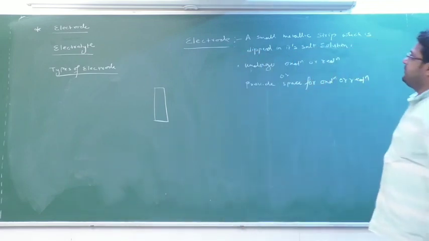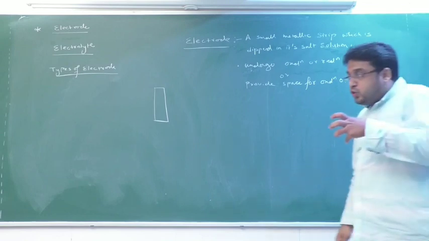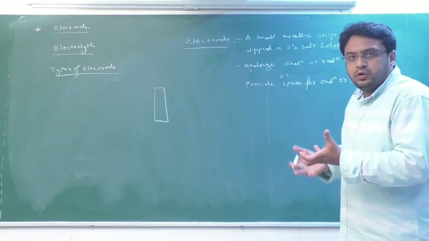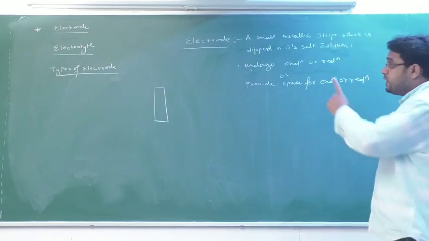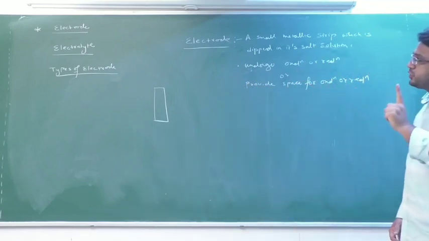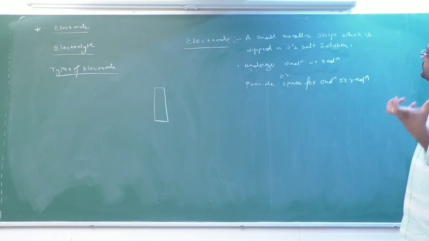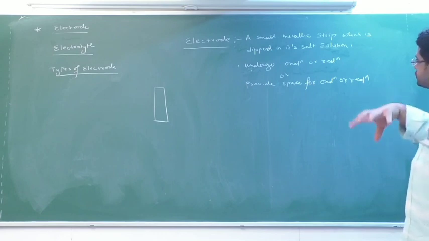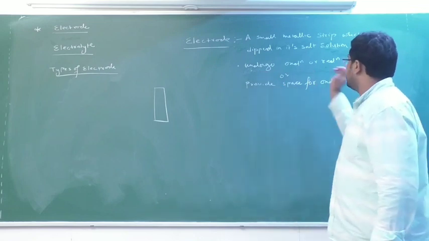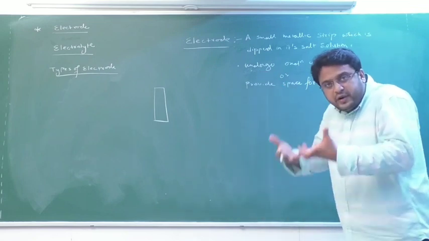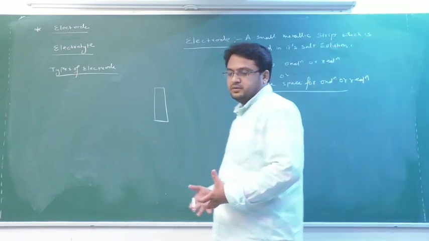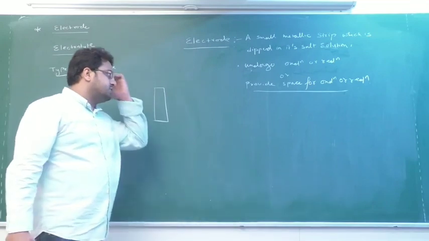In an electrochemical cell, these electrodes give the room to undergo oxidation or reduction. Without an electrode, this reaction of oxidation and reduction is not possible. So an electrode is a small metallic strip dipped in salt solution which will undergo the oxidation or reduction reaction, or if it does not undergo it itself, it will provide the space for oxidation and reduction.